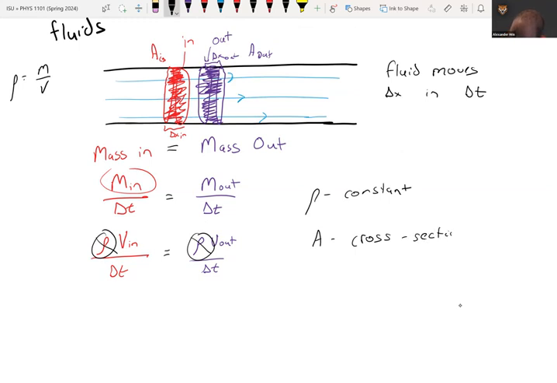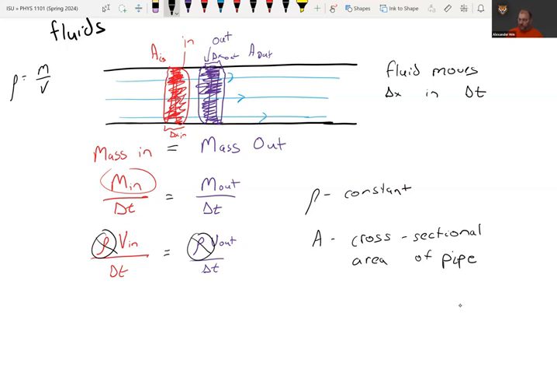And the reason we're going to need this is because we're going to use that to find the volume in terms of a couple of things we know. Okay. So this delta X can be as long as we want it to be. If we increase delta T, that would increase delta X. But the cross-sectional area of the pipe, at least in this case, is going to be constant.